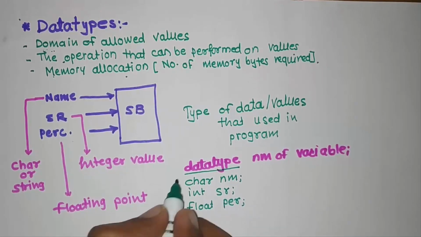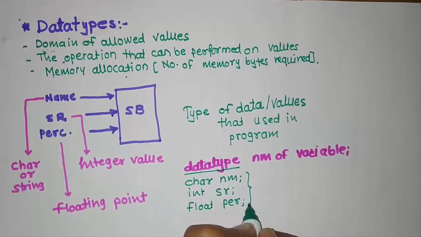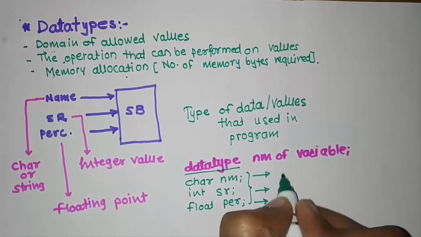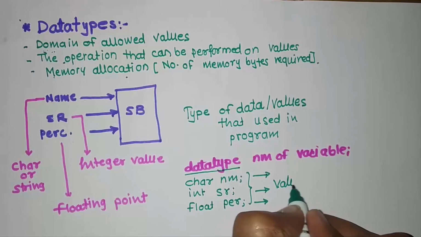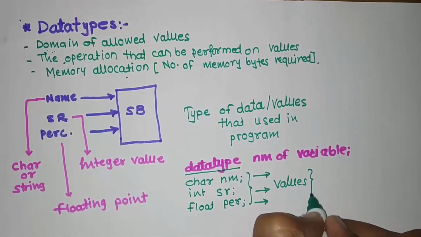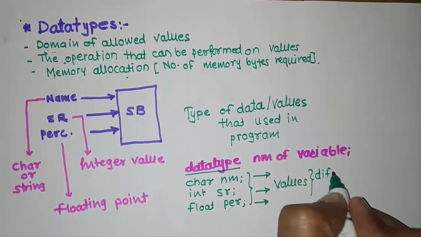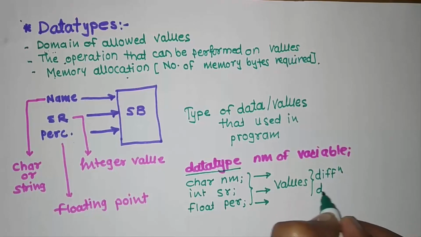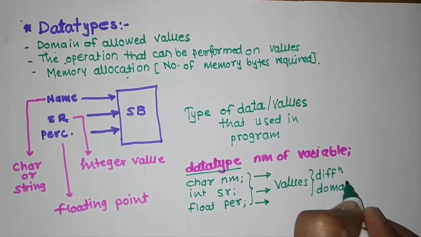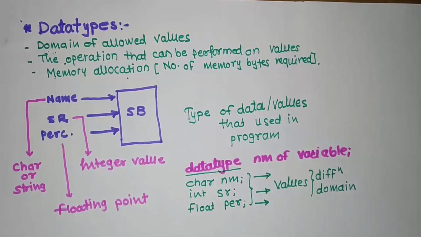These are the three different variables which are going to access values for the program, and all these values are associated with a different domain. One is dealing with a simple character, another is dealing with serial number, that is integer, and the third one is a percentage.